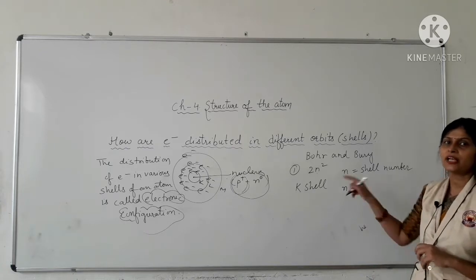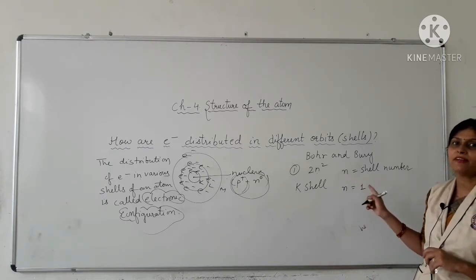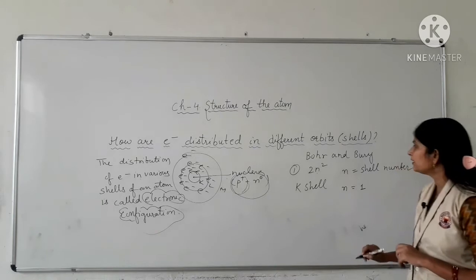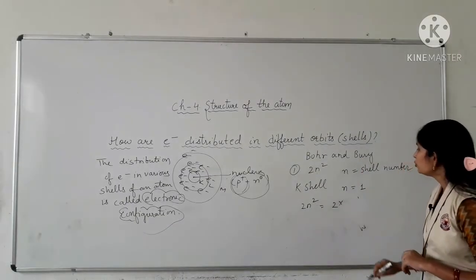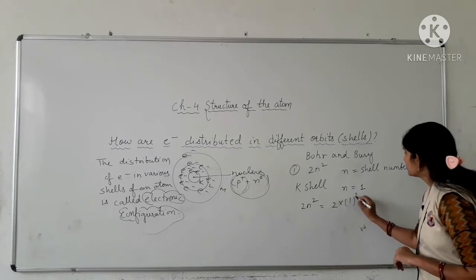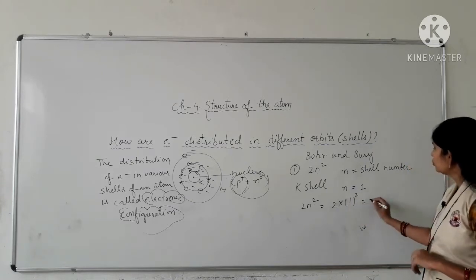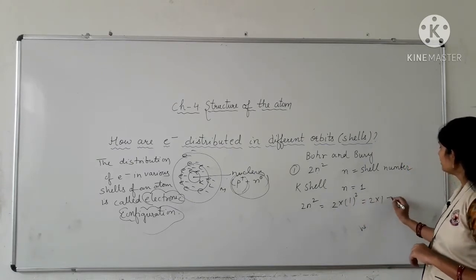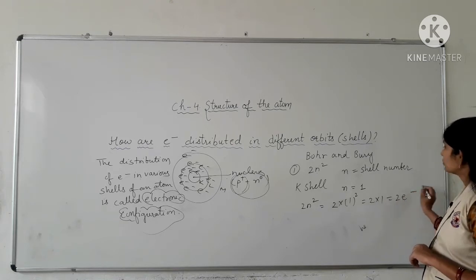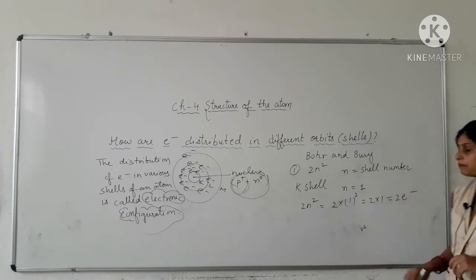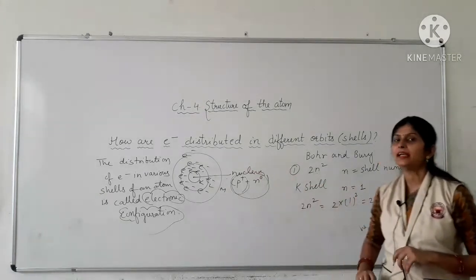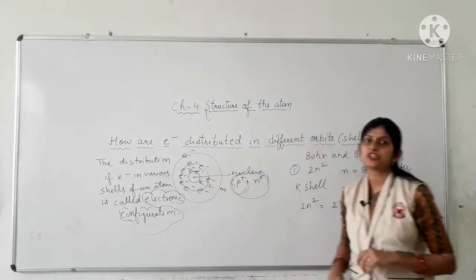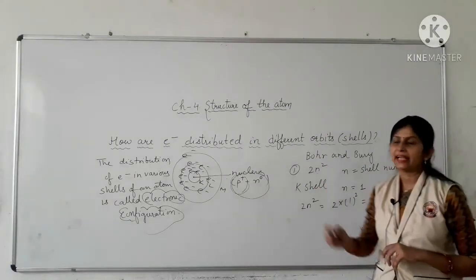Now apply the formula 2n square: 2 into 1 square, 2 into 1, 2 electrons. So maximum 2 electrons can be accommodated in first shell or K shell, not more than that.